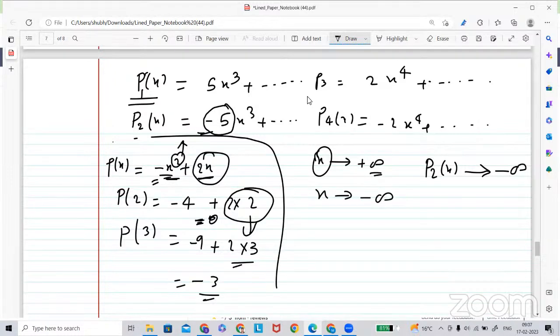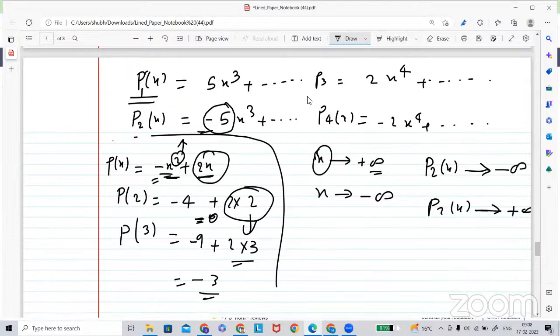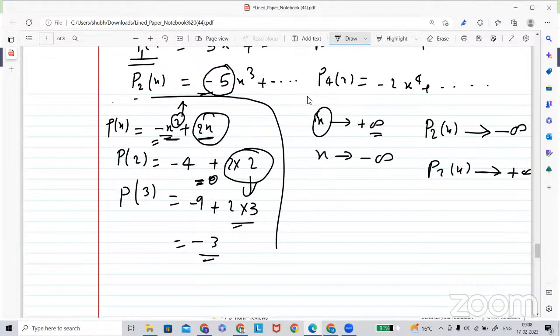Because of the degree, this term is negative, but with the negative coefficient, negative times negative becomes positive. So P2(x) goes to positive infinity. The highest degree and the coefficient decide everything.